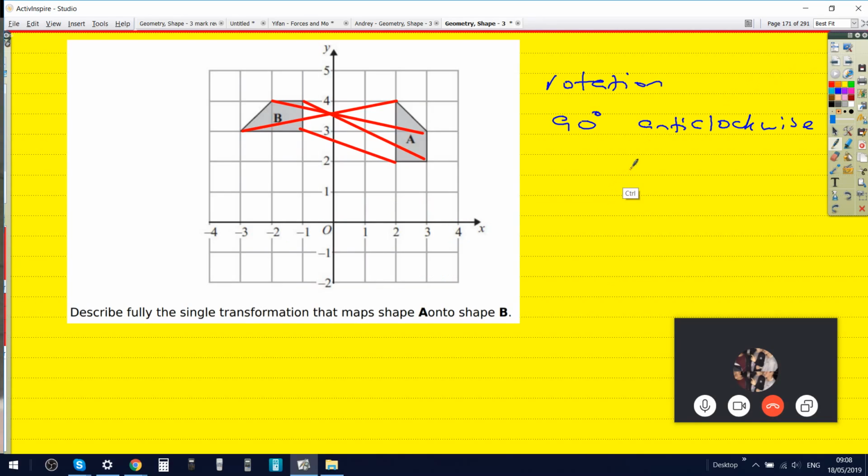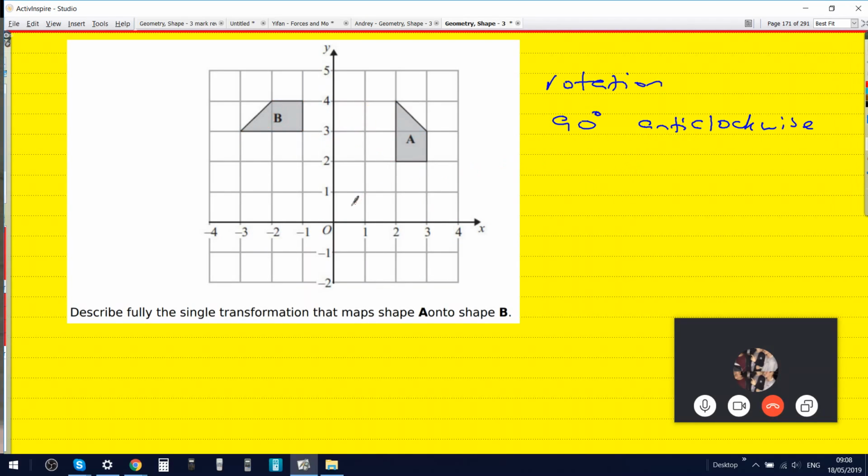And how do you know it's through the point 0, 1? You just don't. You just check different points with your tracing paper. So just trace over this and then try different points and start with the origin. So what does center of rotation actually mean?